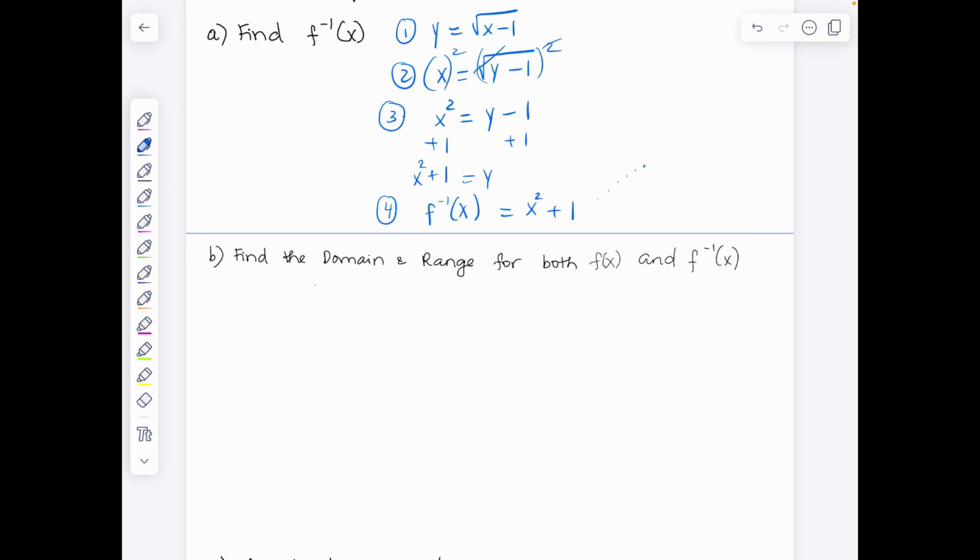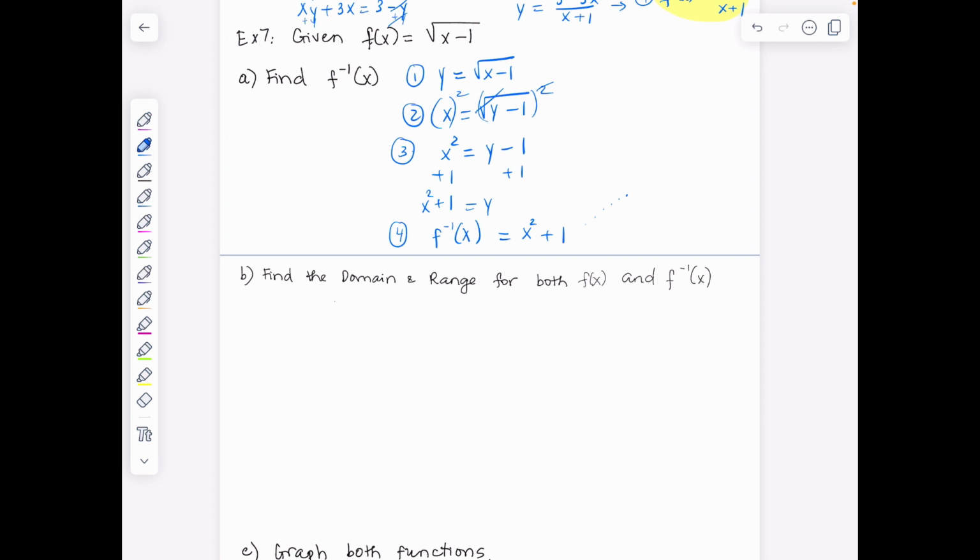So part B, find the domain and range for both f of x and the inverse of f. I mentioned earlier that the domain of f must be the range of this inverse function, and the range of f must be the domain for its inverse.